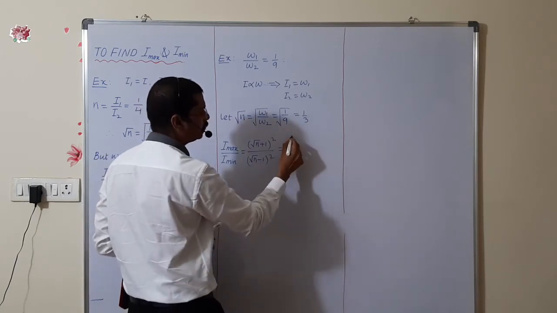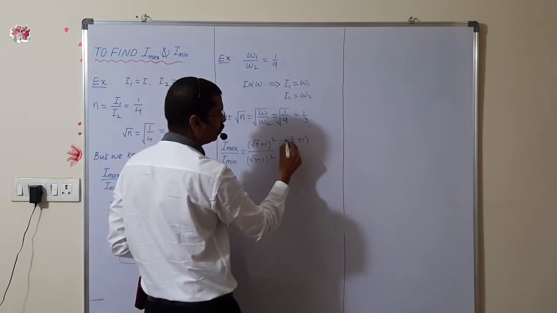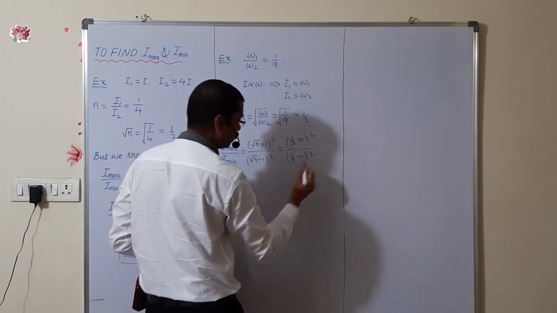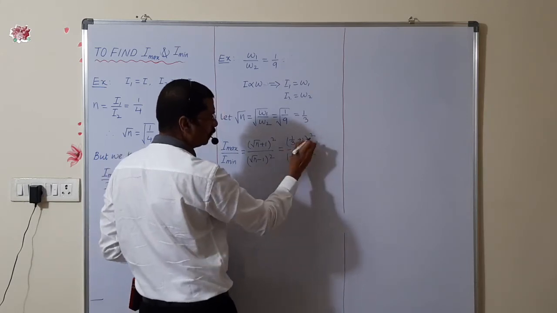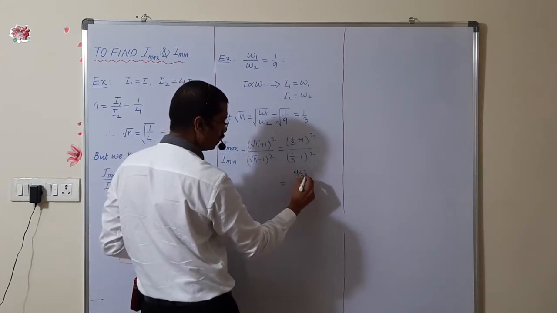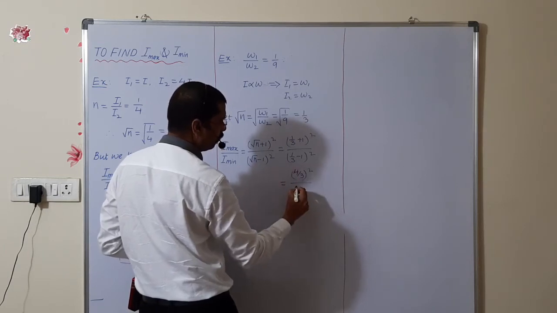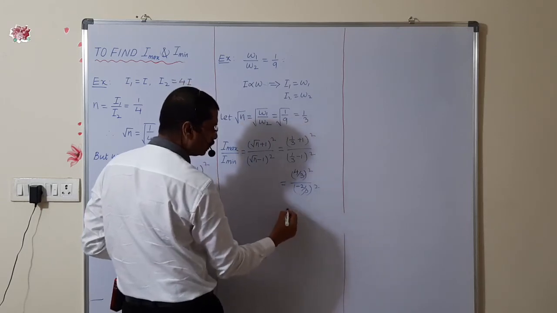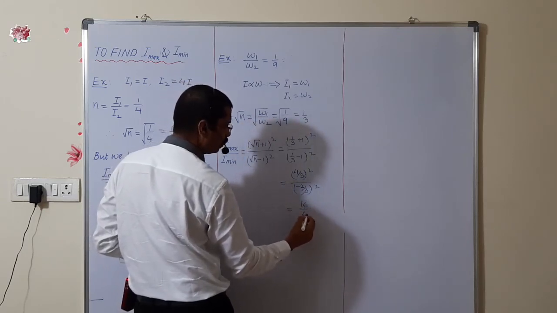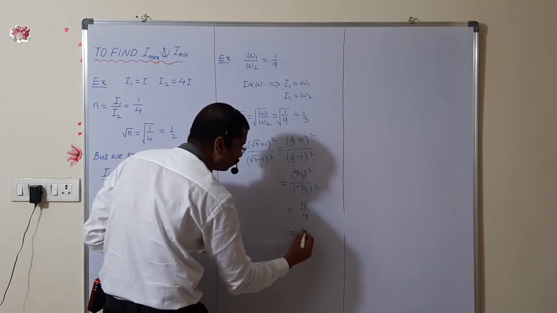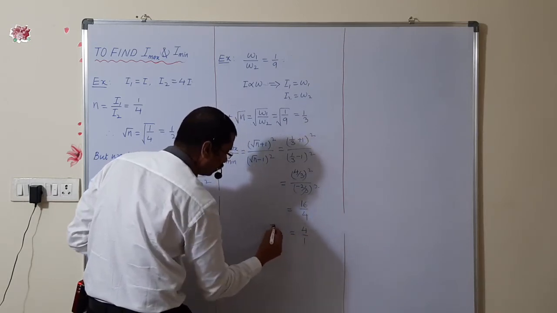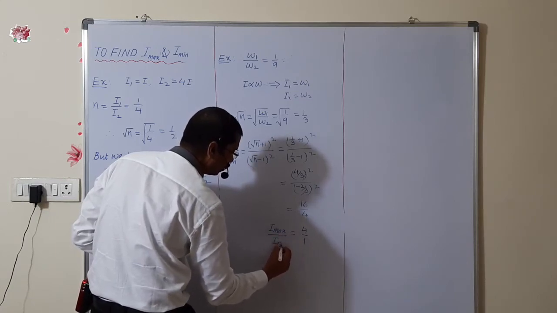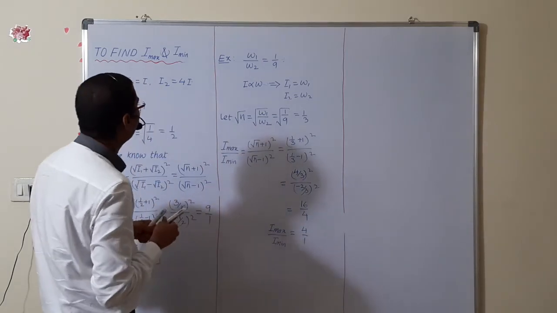The root n value is 1 by 3, so 1 by 3 plus 1 whole square and 1 by 3 minus 1 whole square. This value we can write as 4 by 3 whole square and minus 2 by 3 whole square. 3 will cancel. This value is 16 upon 4. This value we can write as 4 upon 1. Then I maximum upon I minimum is equal to 4 upon 1.